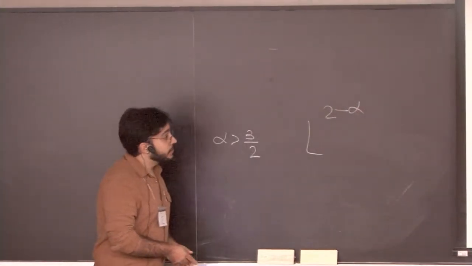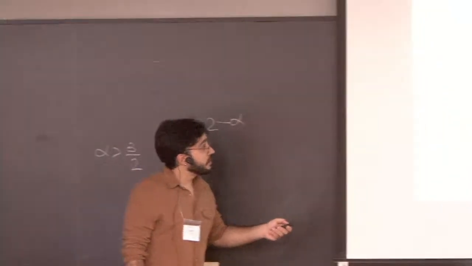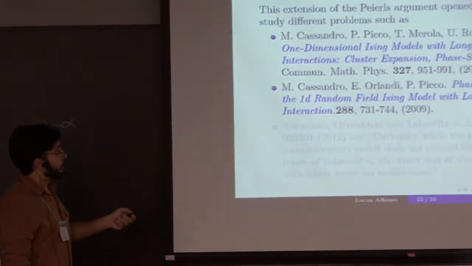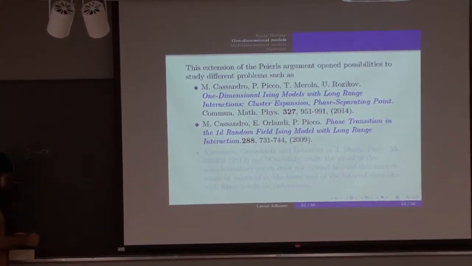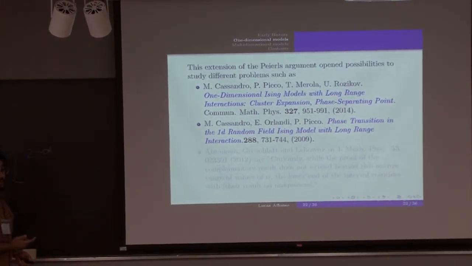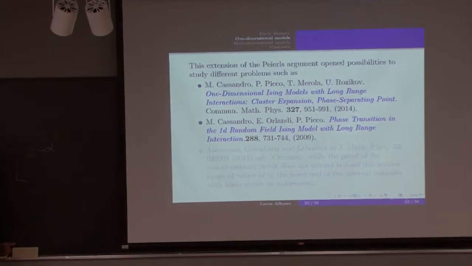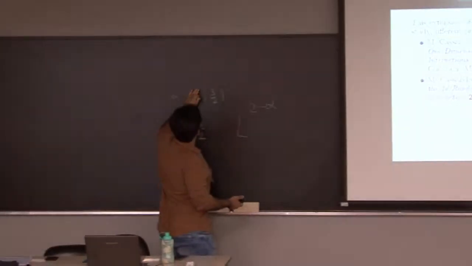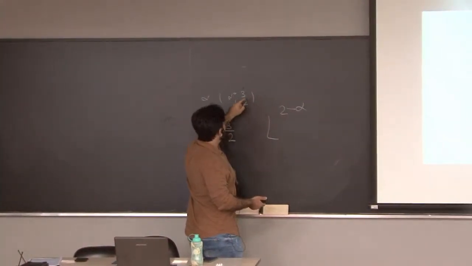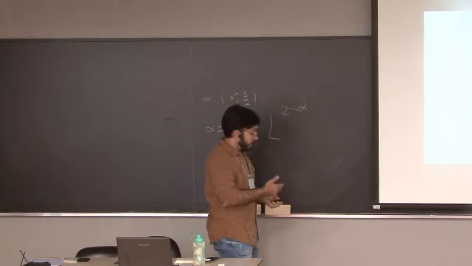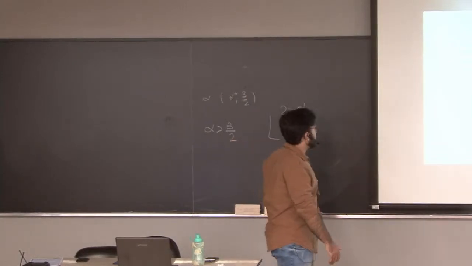And what happens is that with the extension of the Peierls argument that they did, they can show the phase transition for the random field model in a region, not the whole region of the parameters, not on the complement. They cannot show it in the whole region, but they can show it in some small region that can get arbitrarily close to, let's say, the critical value where you have uniqueness.